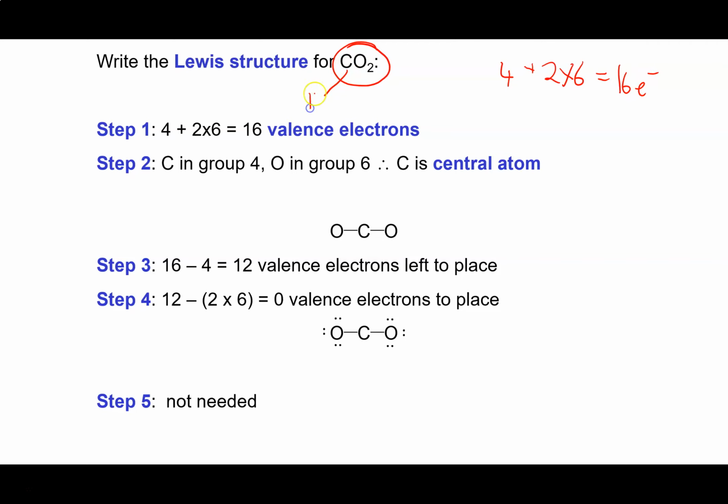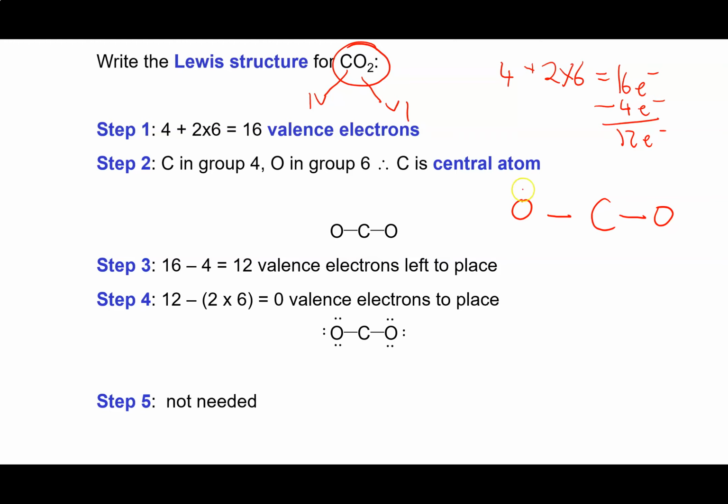Now, because carbon is in group 4 and oxygen is in group 6, I know that carbon will go in the middle and the oxygens will go on the outside. I've got to subtract away 2 electrons for every bond formed. So I'm down to here now.